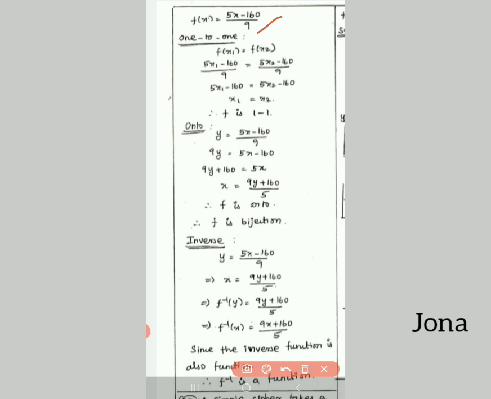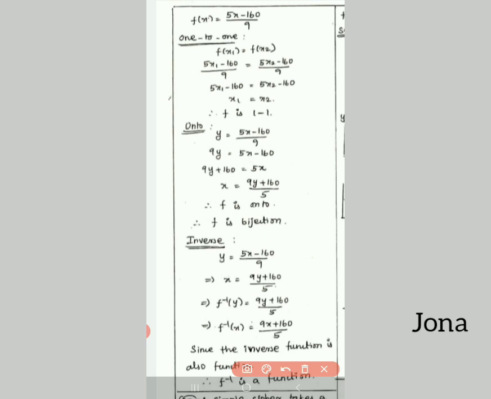I want to prove that this function has an inverse function, and that the inverse is also a function. Okay, so first I want to prove one to one. We know the definition: if f of x1 equal to f of x2, we have to prove f is one to one, that means x1 equal to x2.